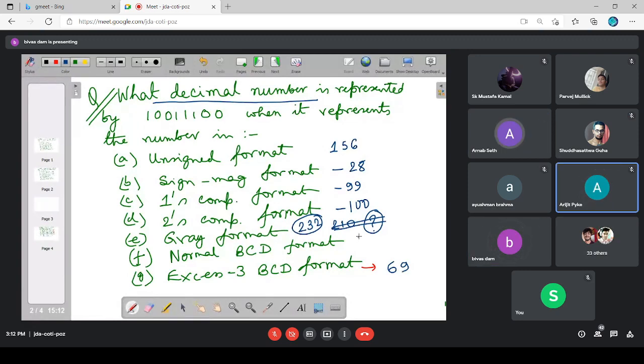Yeah, invalid. You have to specify that the pattern is invalid. That's all. Okay.